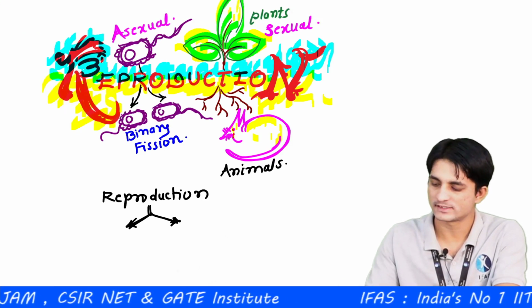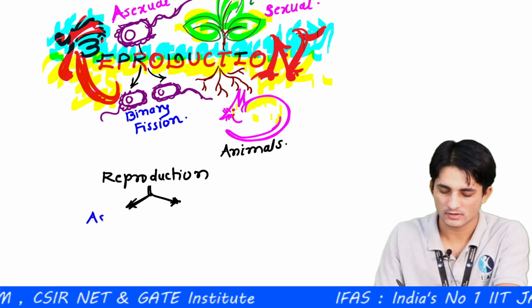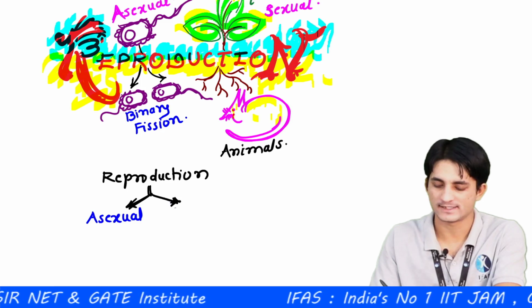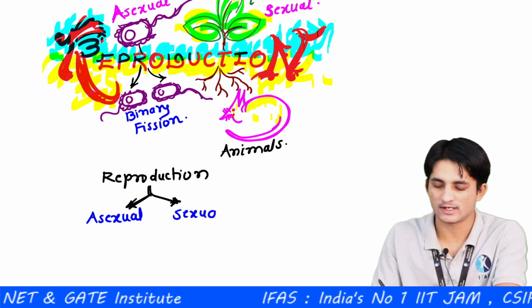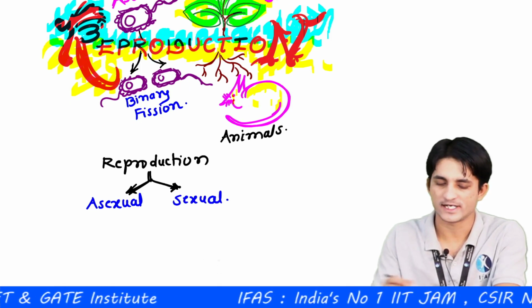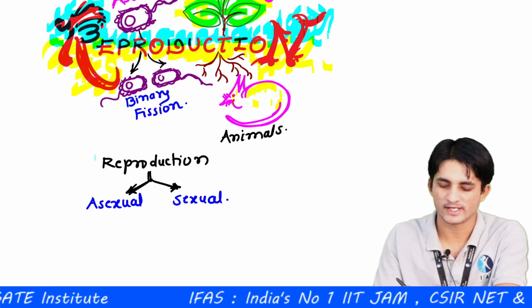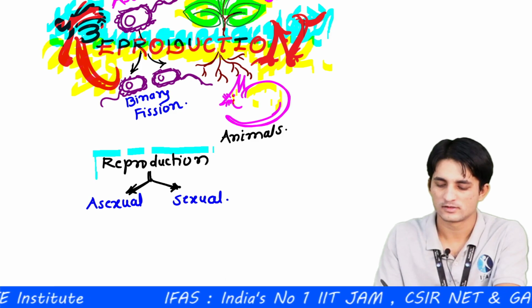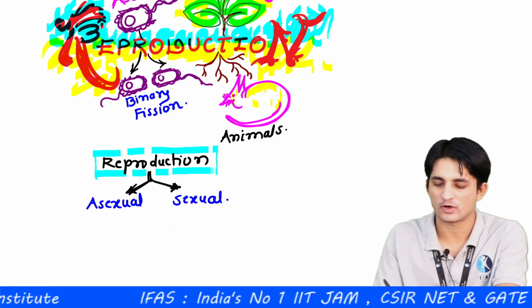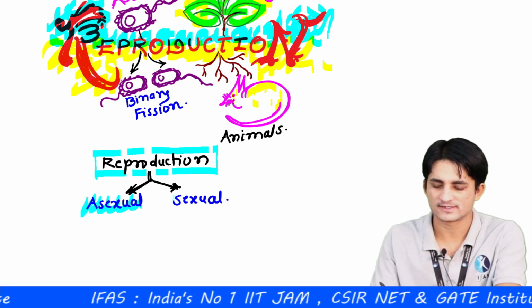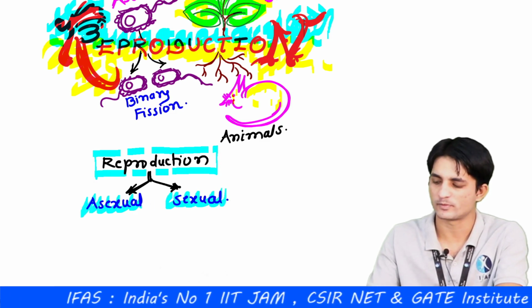One is called asexual reproduction, and the second is called sexual reproduction. So these are the two ways by which organisms reproduce. Now what is sexual and what is asexual reproduction?